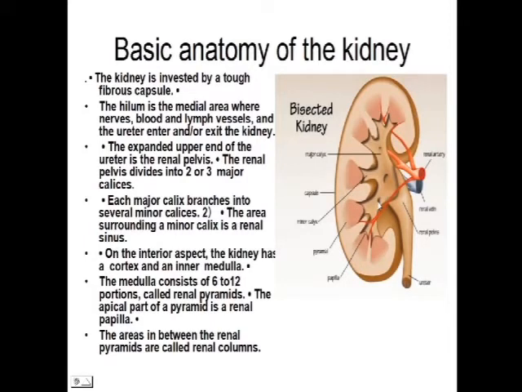The base of each pyramid lies adjacent to the cortex, whereas the apex, which is known as the papilla, projects into the minor calyces. So these are the minor calyces. This is the papilla and this is entering into the minor calyx.